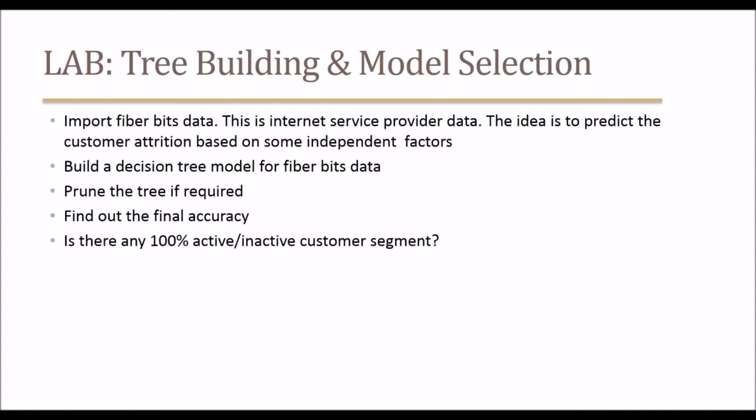That means, are there any characteristics of customers based on which we can say these customers will definitely be active, or any specific characteristics based on which we can say they will definitely be inactive, or attrited soon. So let us try to build a decision tree model on fiber bits data.